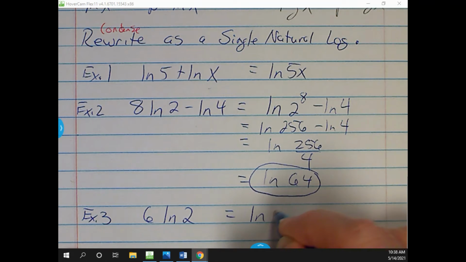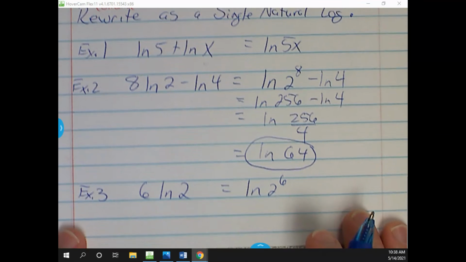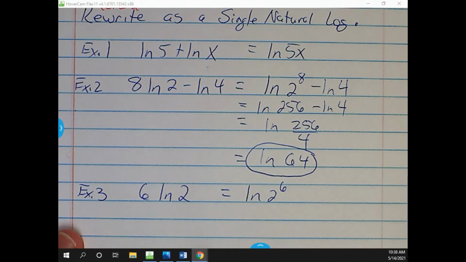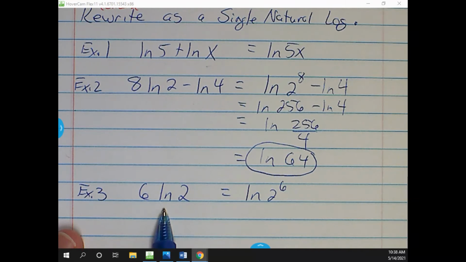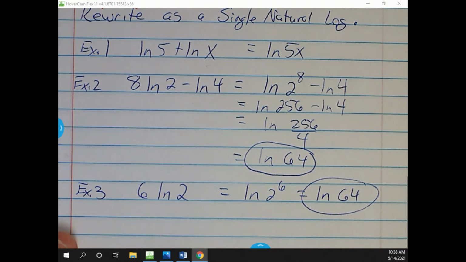So that's the ln of 2 to the 6th power. It's a little bit odd, because it's already just one natural log, and they're asking you to rewrite it as a natural log. In that case, they basically just want you to move this power up top. And that would also be the ln of 64.